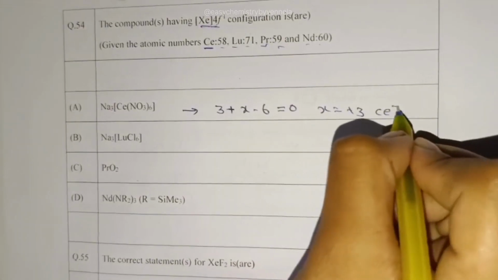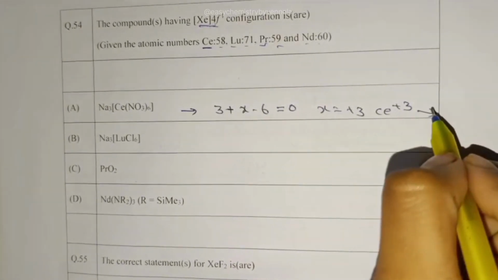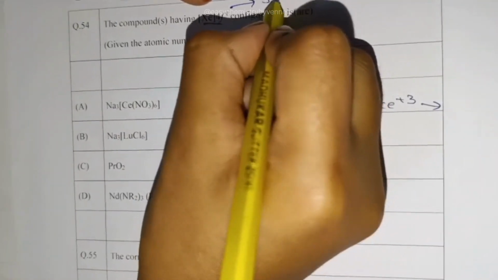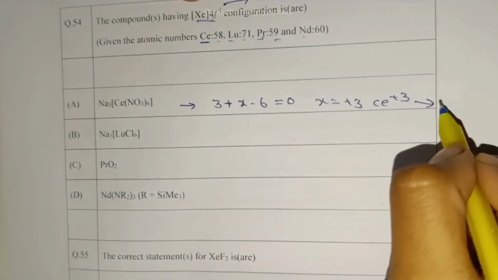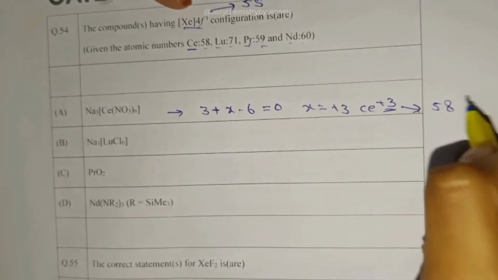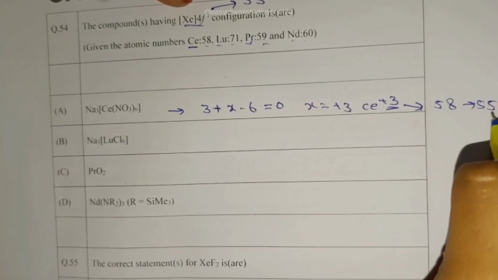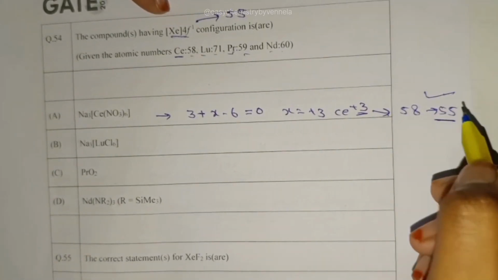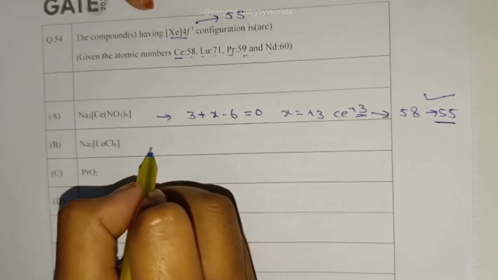Here x is equal to plus 3. So Ce plus 3. The atomic number is 58. By losing 3 electrons, it can form 55, Xe 4f1 configuration. So it is correct.